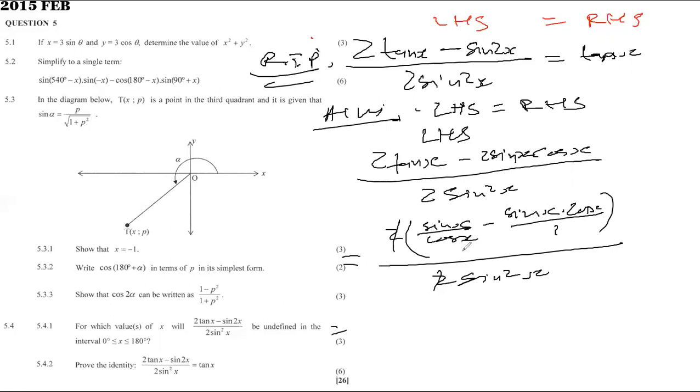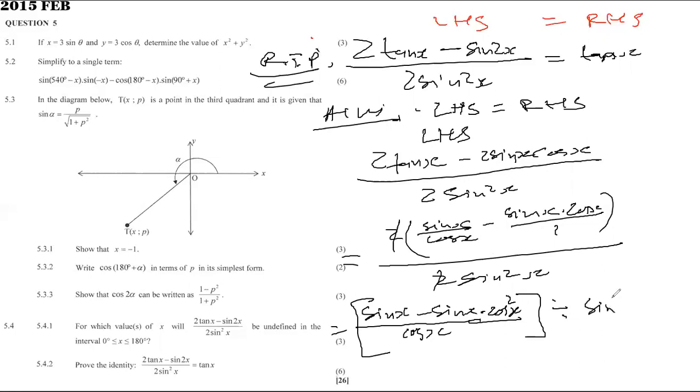So what happens in the numerator is that cos x is the LCD. So I'm going to be left with a sine x here, okay? Then I'm going to have minus a sine x times a cos x and a cos x, so I'm going to have cos squared x. But remember, I'm dividing this thing by sine squared x. So I'm going to continue somewhere here, guys, in red so that you can see that.